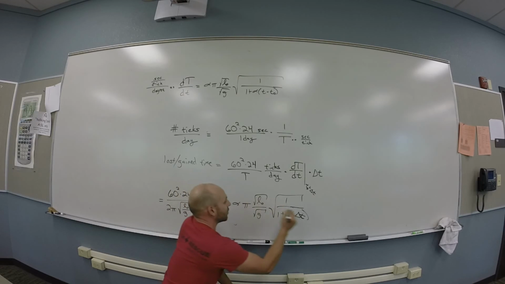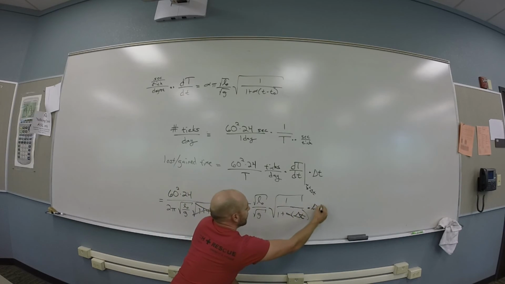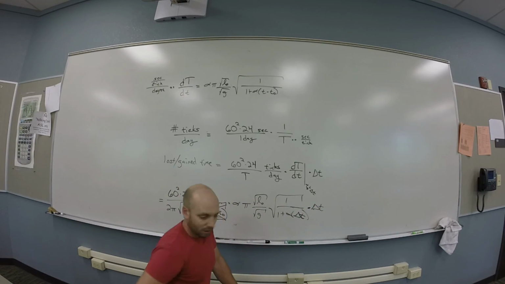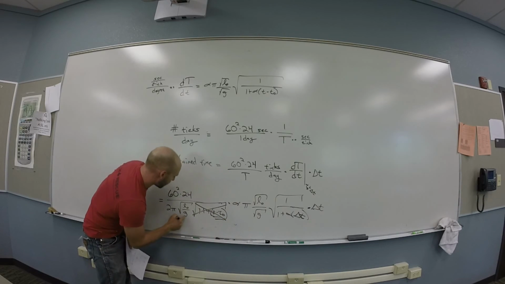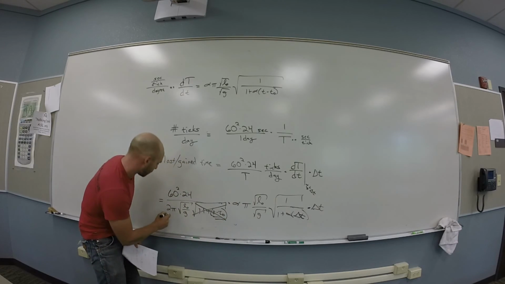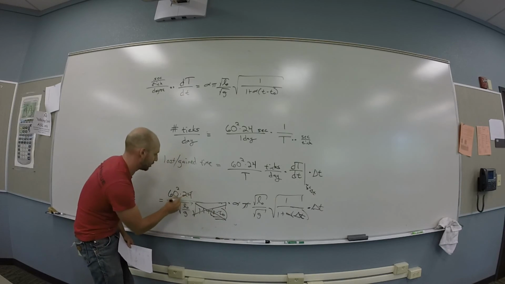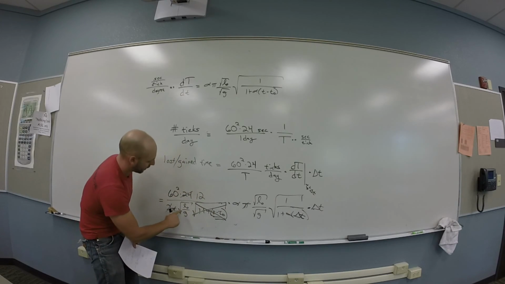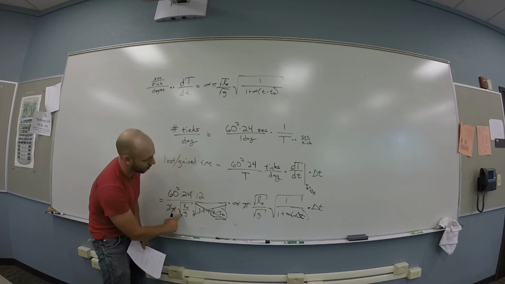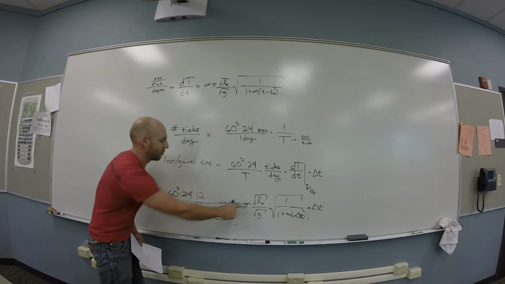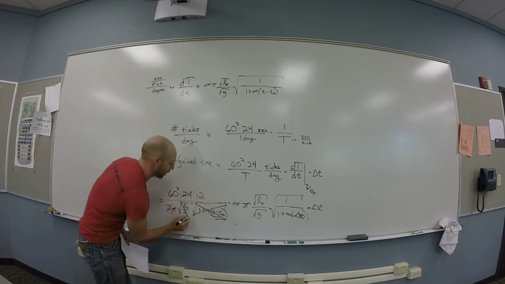Okay, and then we need to multiply by delta t. And then we should notice there's a pi on the top and bottom, great. There's a 2 on the top and bottom, so you can slash that a little bit. And then there's one of these square root of L naught over g's on the bottom and another one on the top, so those can cancel out.